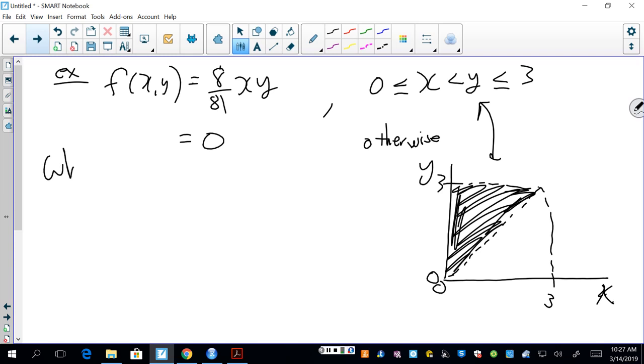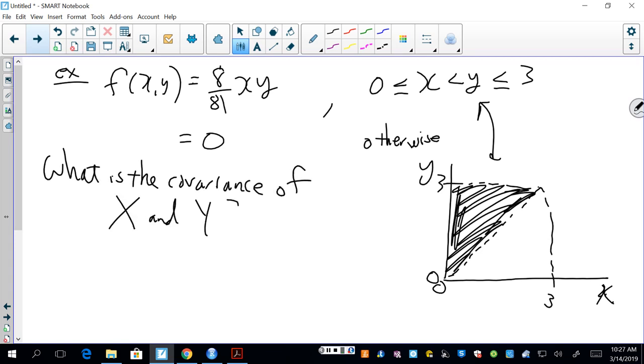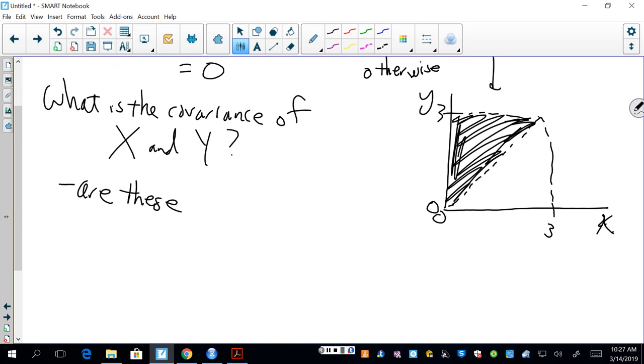So the question we're going to ask is, what is the covariance of random variables x and y? Are these random variables positively associated? How are these random variables associated?